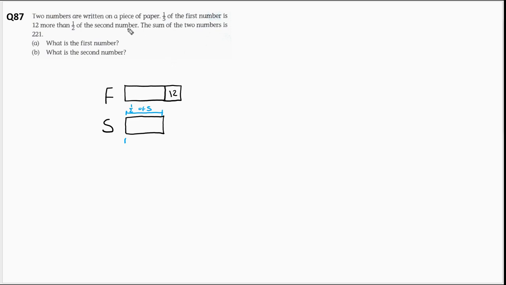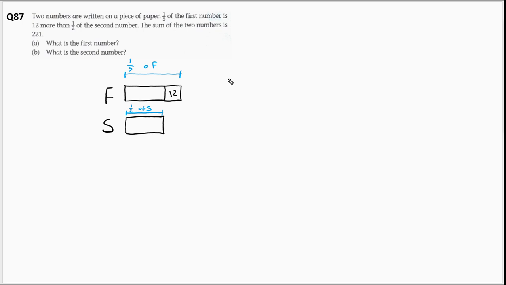Well, this part and this 12 together are 1/5 of the first number. So far so good. I'm hoping that you are following me so far.